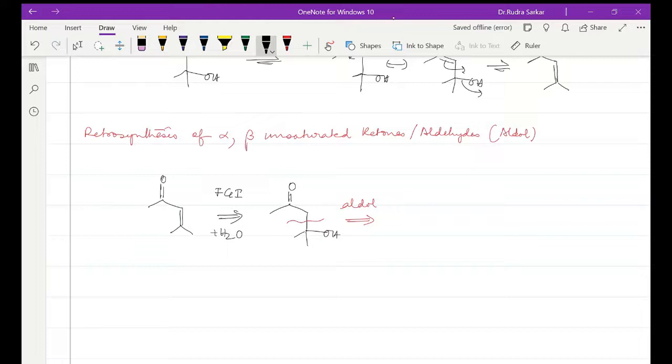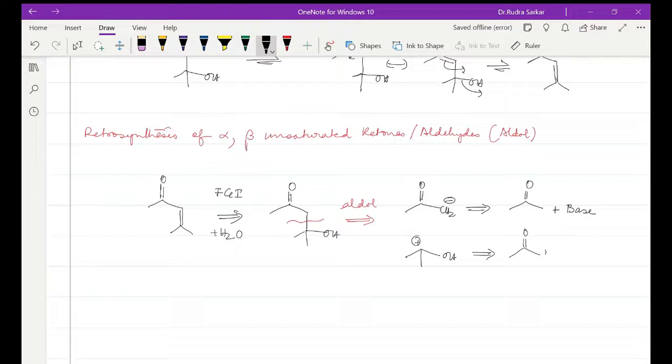And as we know, on disconnection, these type of synthons will be formed, for which our synthetic equivalent will be as follows. So that is all we need to do.